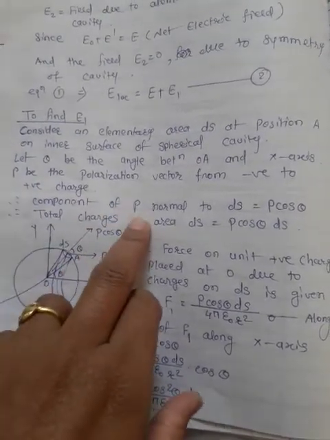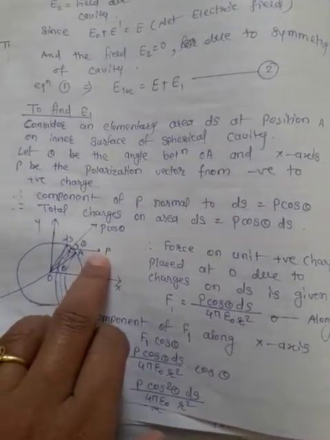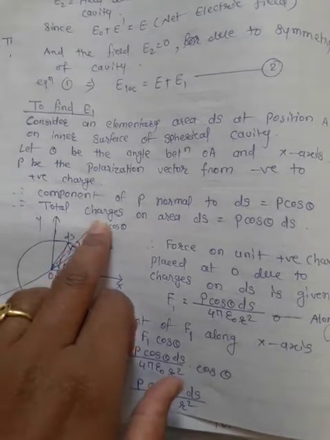The polarization vector P is resolved into two components.